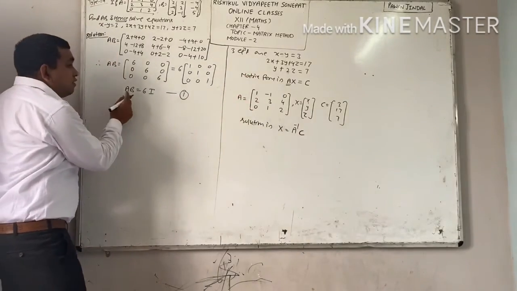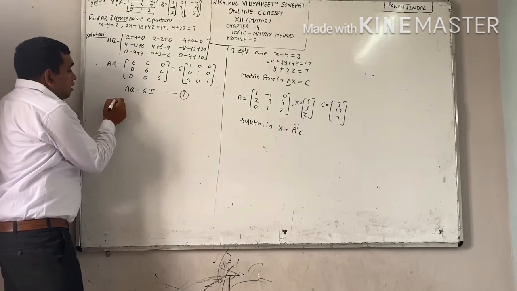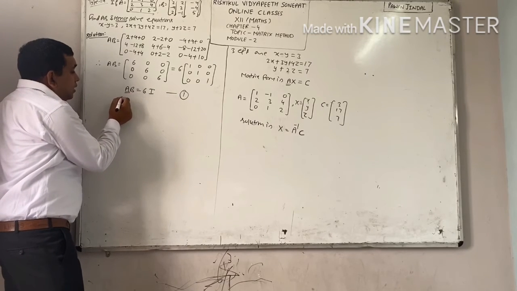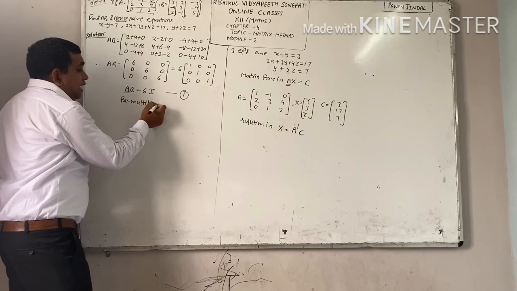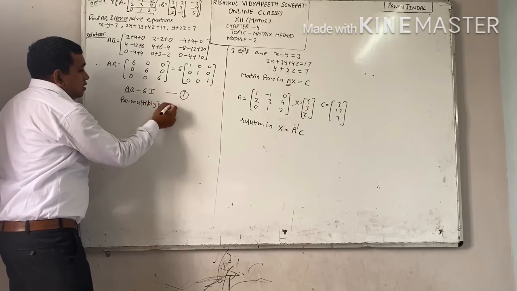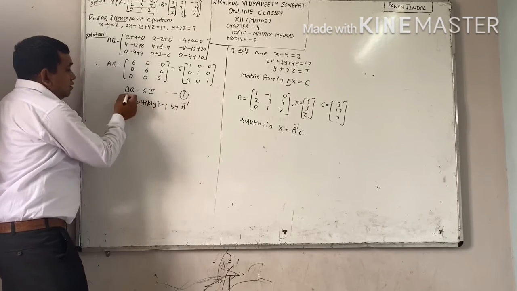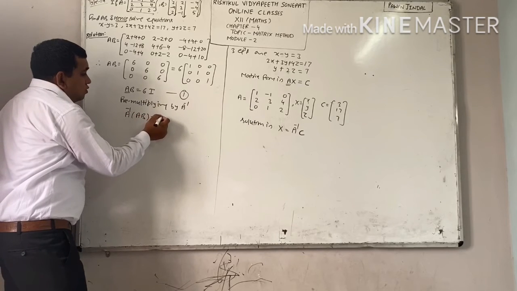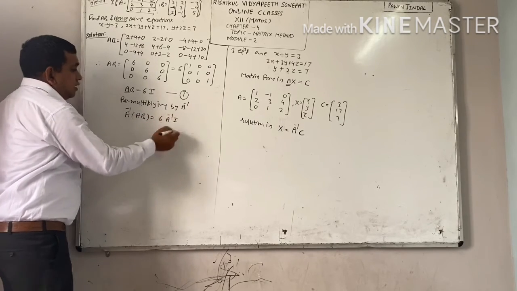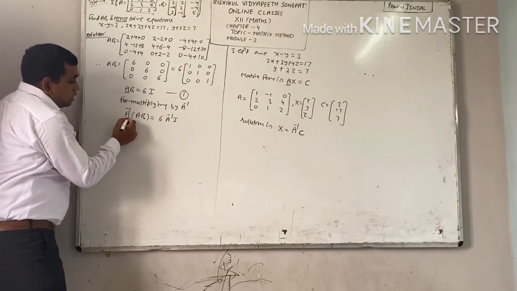Now how I will find out A inverse from here? For that, pre-multiplying by A inverse, what you get? A inverse AB equal to 6 A inverse I. Now apply associative law here.